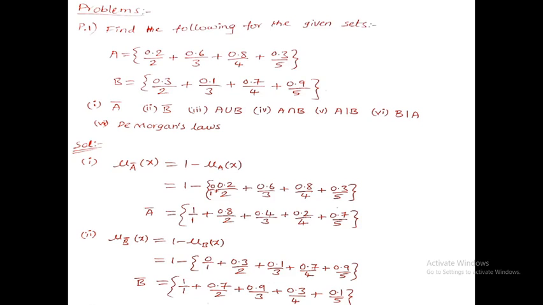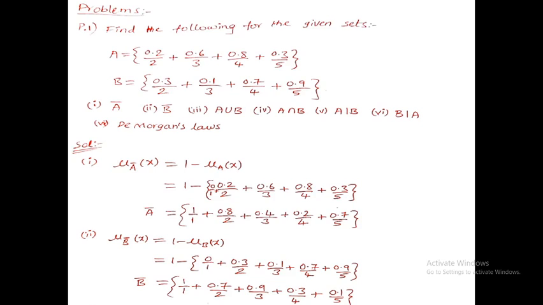If you want to represent the first point also, you can mention 0 by 1 plus 0.2 by 2 plus 0.6 by 3 plus 0.8 by 4 plus 0.3 by 5. At the respective points, when you are doing the complement, you need to subtract the respective fuzzy values from 1.